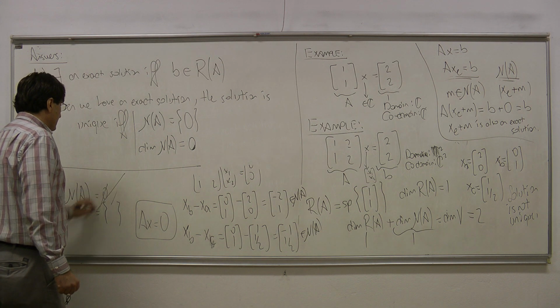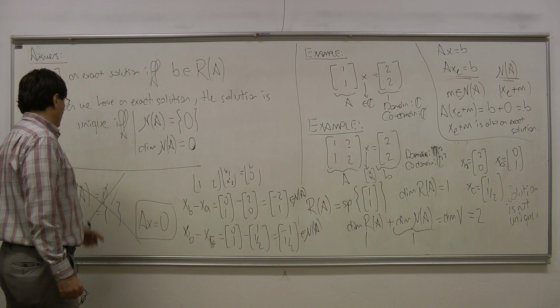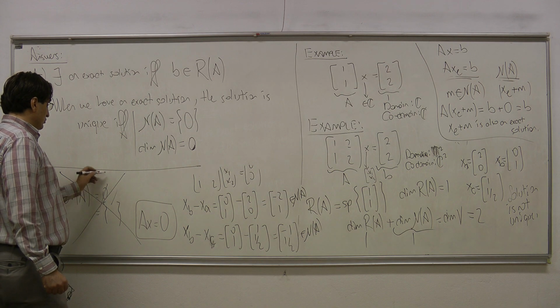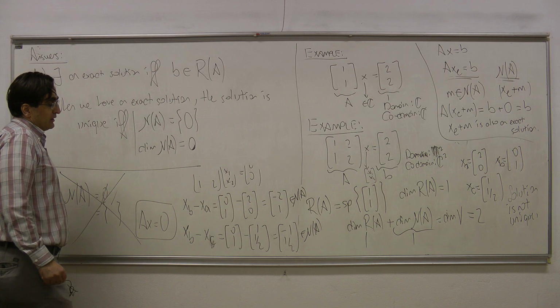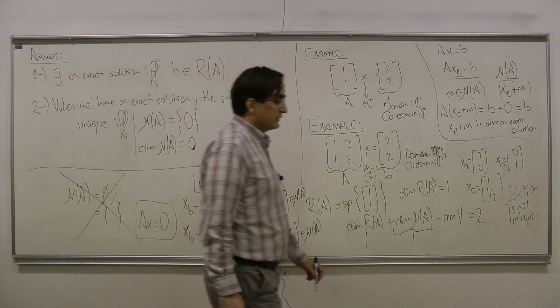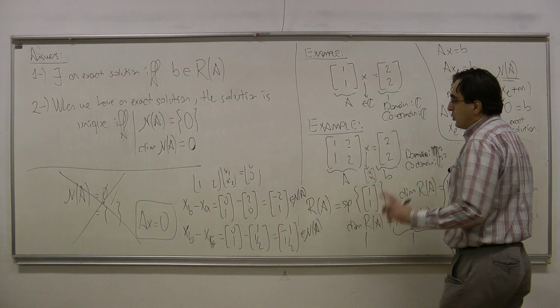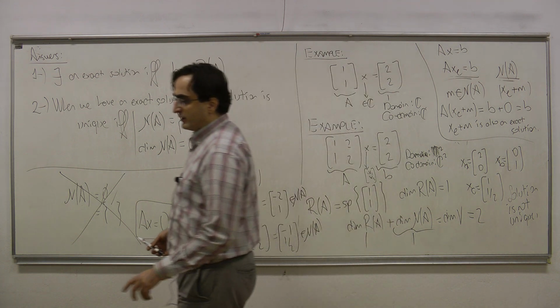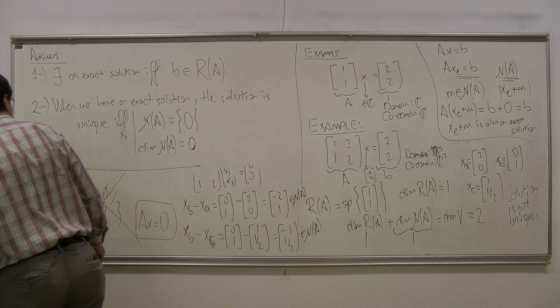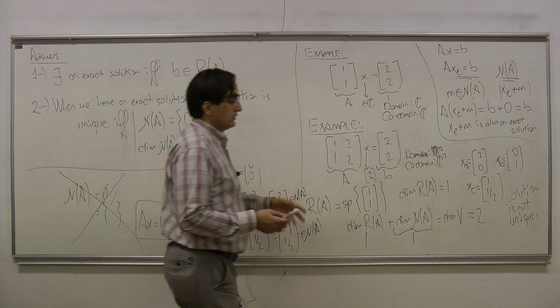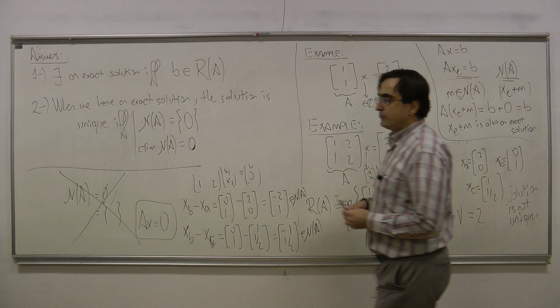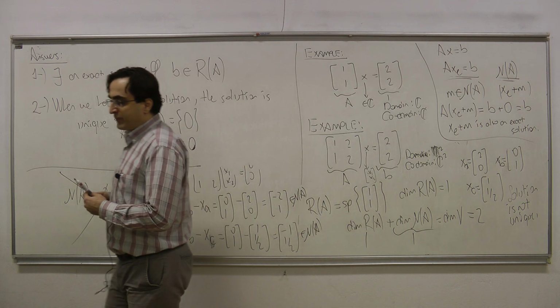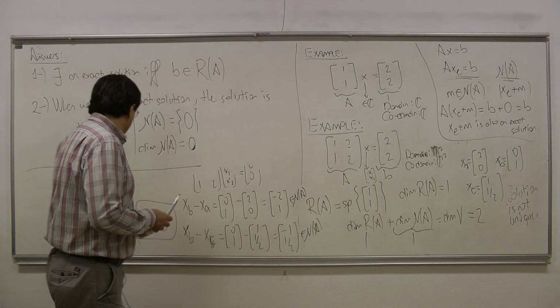So the null space can never be an empty set, or you can never show it with a phi, or with an empty set notation like this. The null space always contains the zero vector. It's a subspace of the domain.